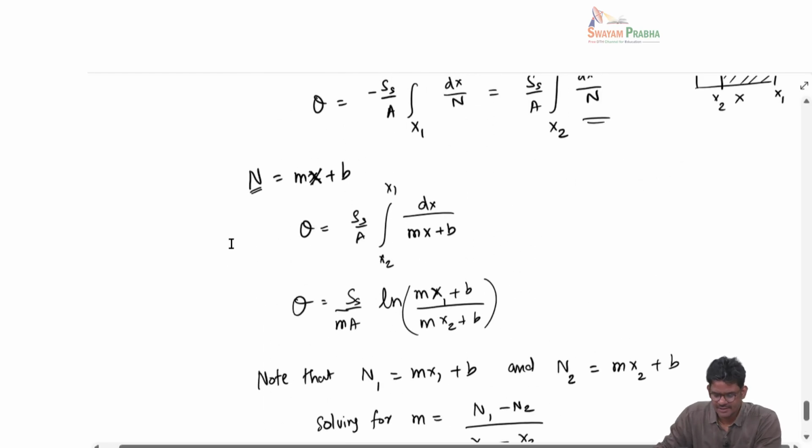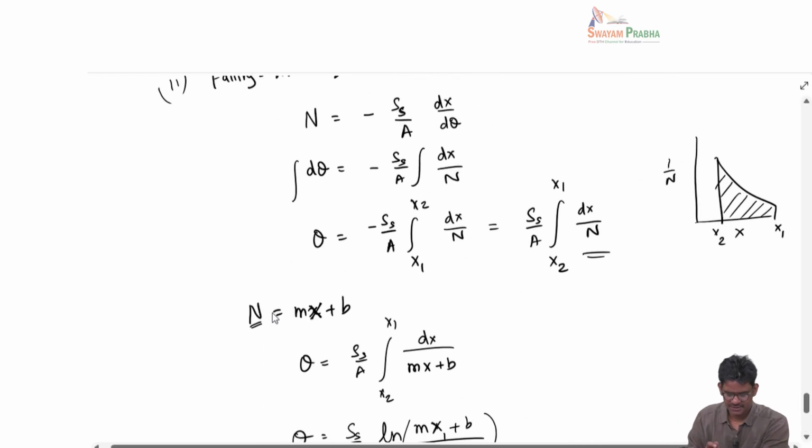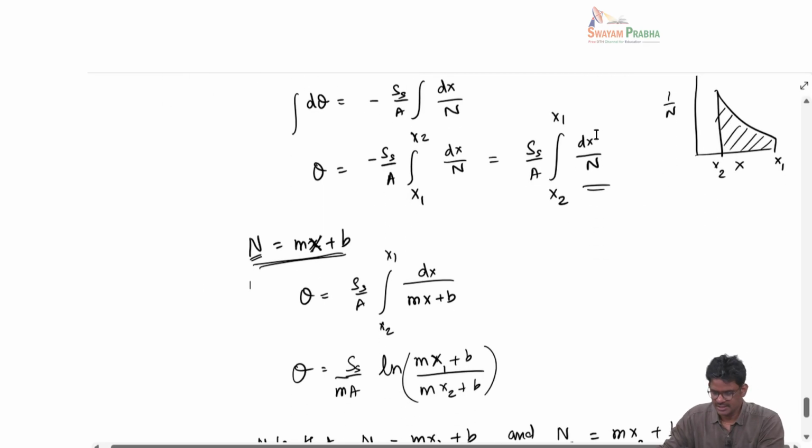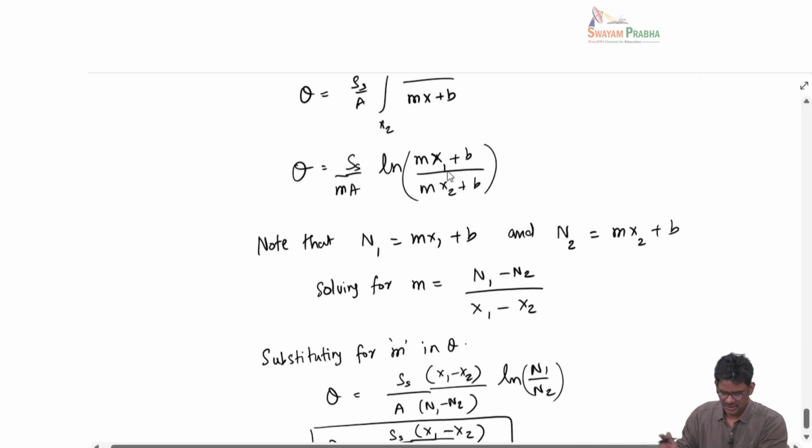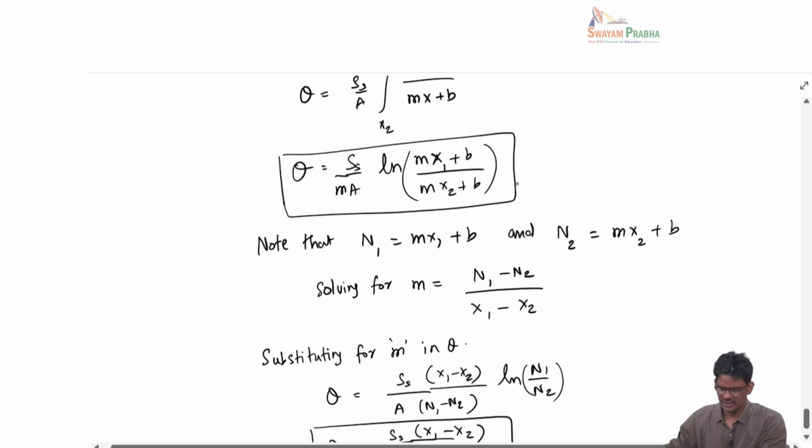So here what I have done is assume that the falling drying rate is a linear line, substitute that in this integral, and integrate it. We can stop here, but we can also do it a little differently. We can write that this term mX1 plus b is nothing but N1, and mX2 plus b is N2.